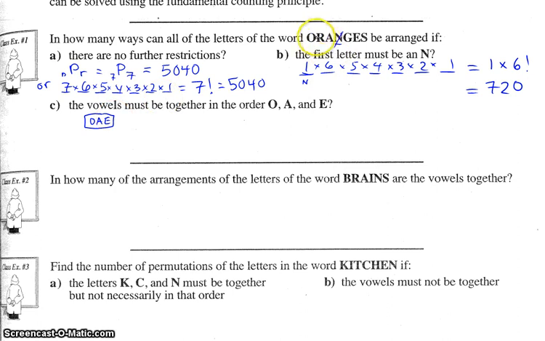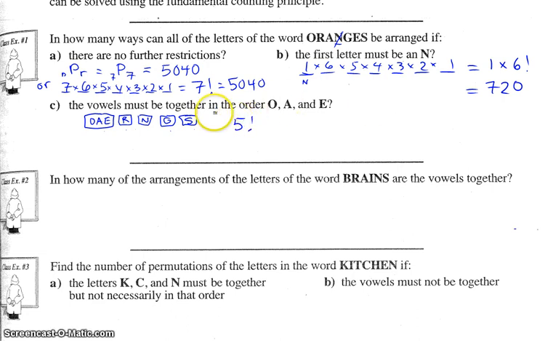Then we have R still as a letter. We have N as a letter. We have G. And we have S. So how many letters do we have to rearrange then? We've got 1, 2, 3, 4, 5. So how many ways to rearrange 5 letters? Well, that would be 5 factorial.